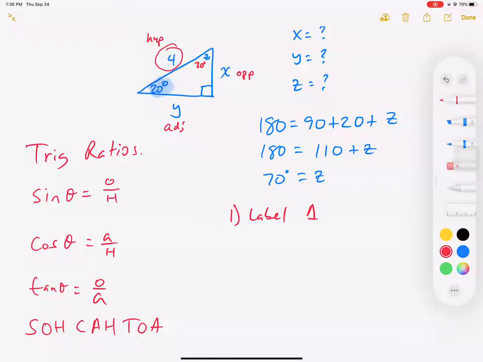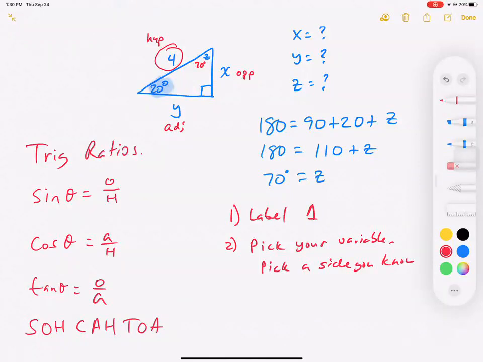You can skip this step once you get better at it. Step two is pick your variable, and then pick a side you know. You want to pick your variable, followed by pick a side you know.